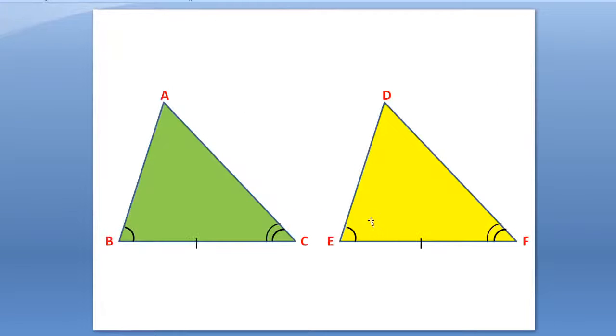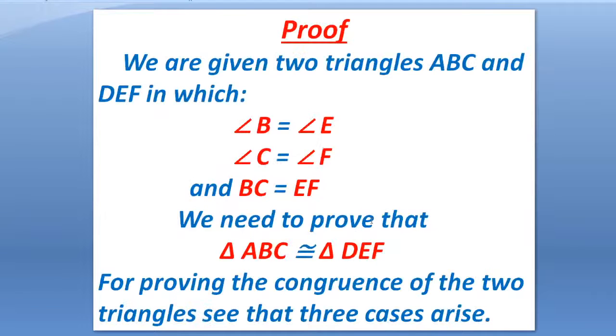So this is the figure. We are given two triangles ABC and DEF, in which angle B is equal to angle E, angle C is equal to angle F, and BC is equal to EF, and we need to prove that triangle ABC is congruent to triangle DEF. In proving the congruence of the two triangles, there are three cases.